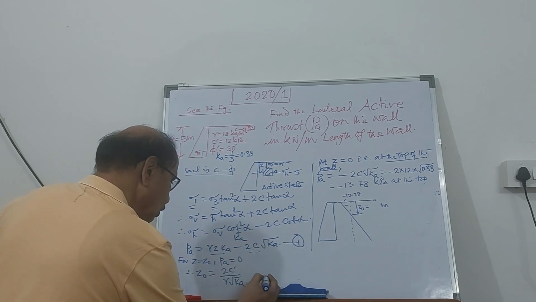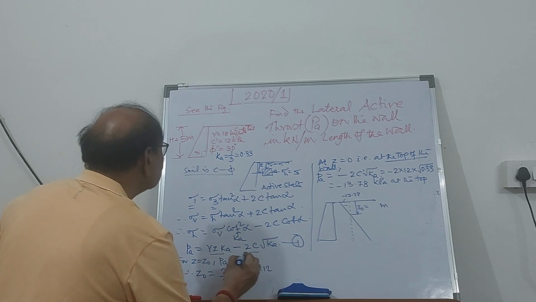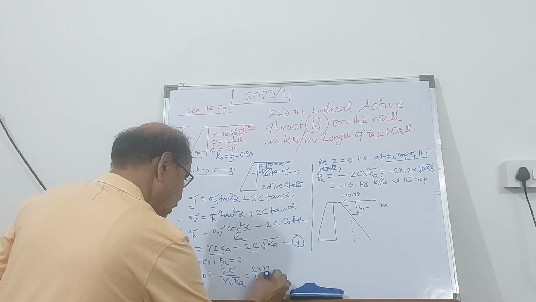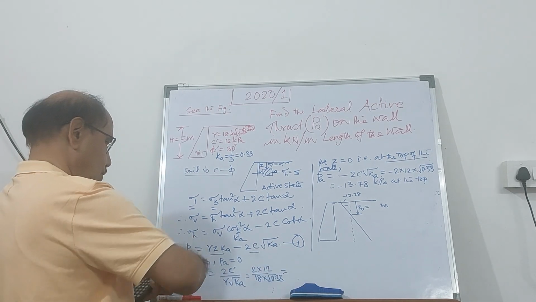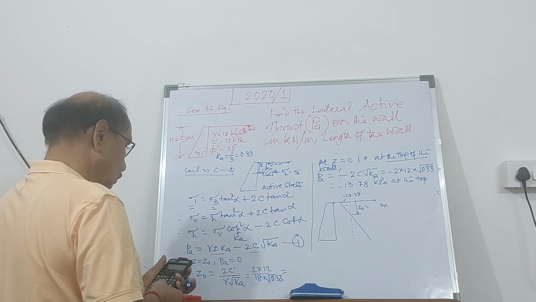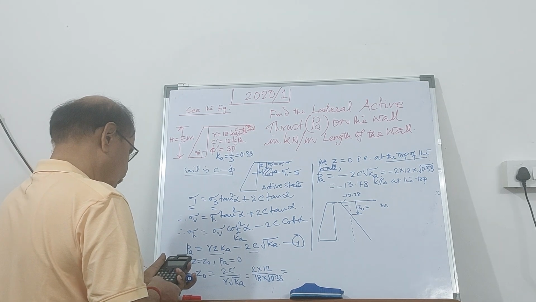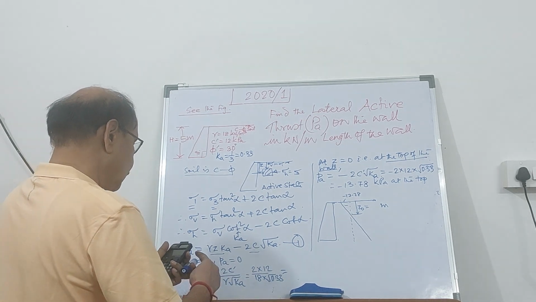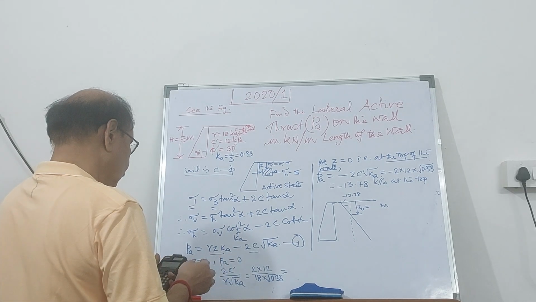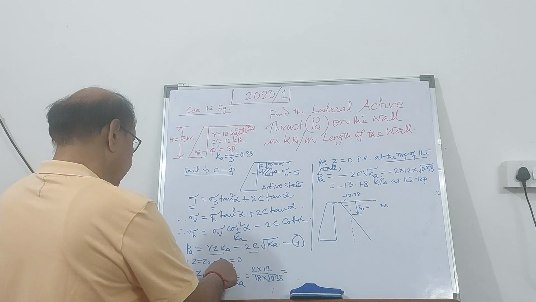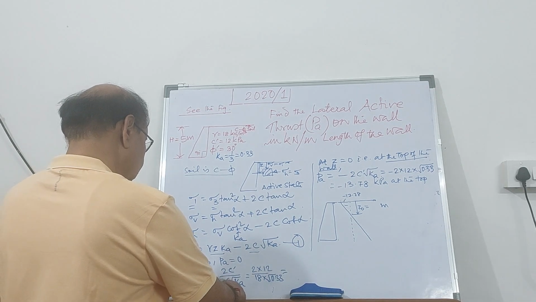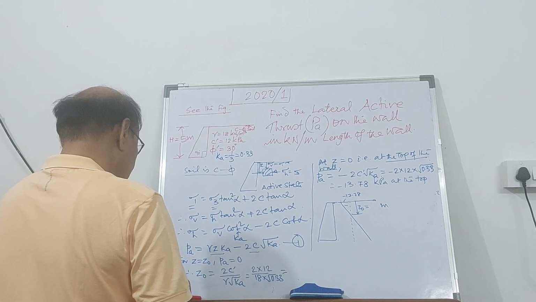This is the equation. So this becomes 2 into C prime divided by gamma under root K. The value of Z0, you can calculate it. Let us calculate.